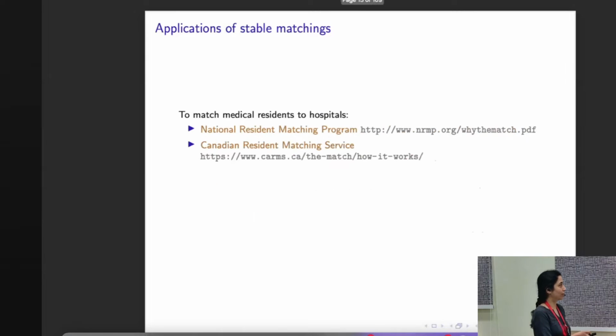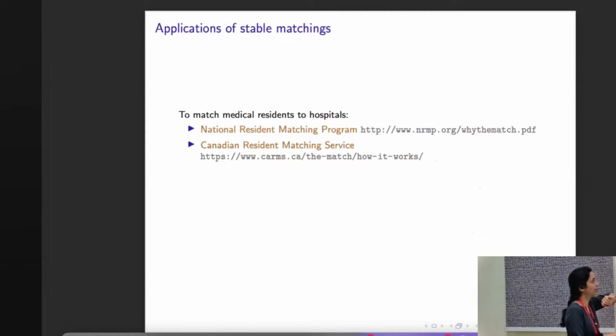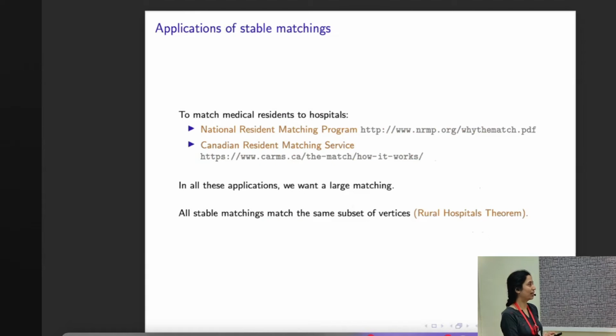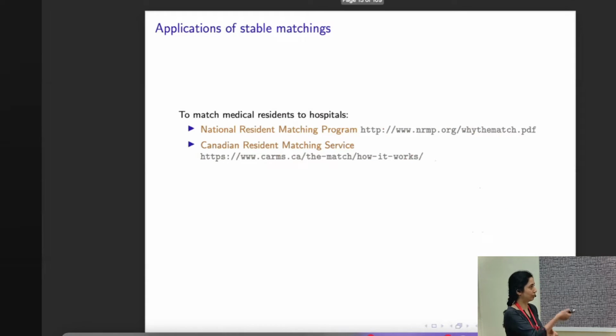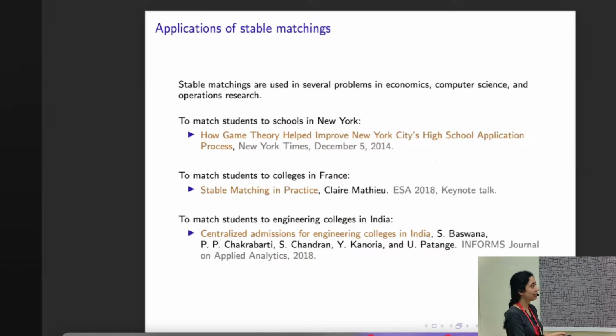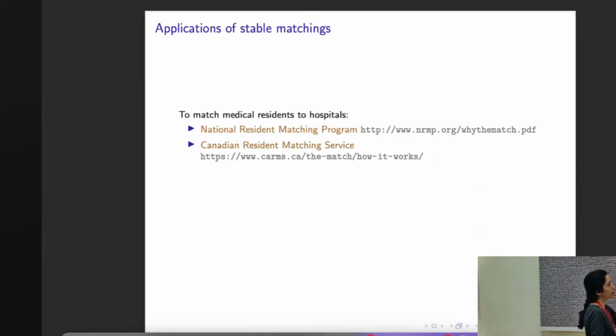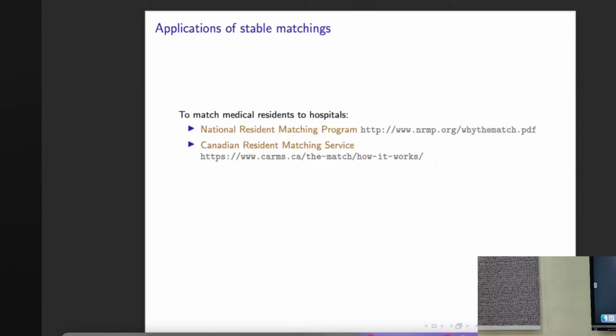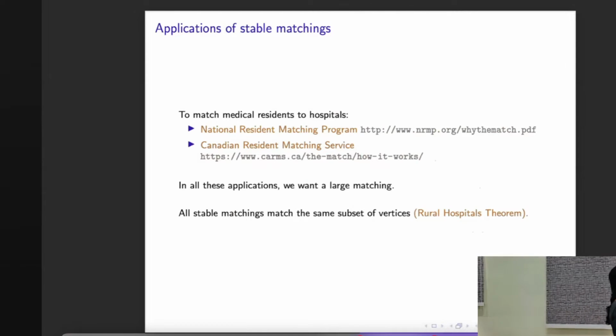And in fact, the oldest application of stable matchings was to match medical residents to hospitals. And in all these applications, we want a large matching. We want to match as many students as possible to schools and colleges. In fact, we want to match all residents to hospitals.